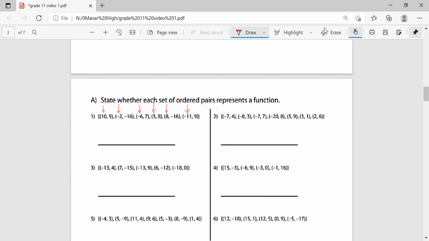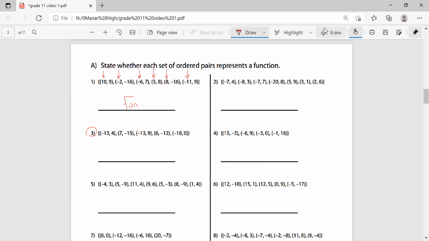Is there any value repeated? No. So this is a function. Here, for example, -3, 7, -3. It's repeated here. Do not complete. For now, I can say it's not a function. So you should be smart.